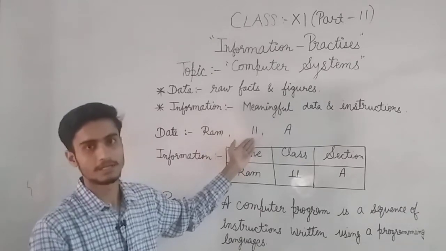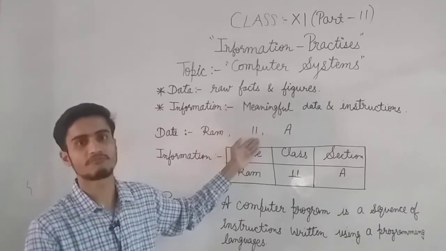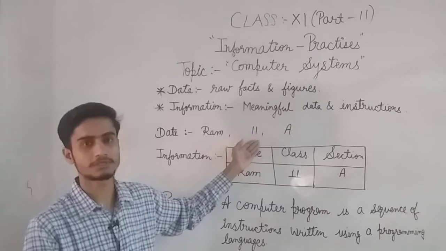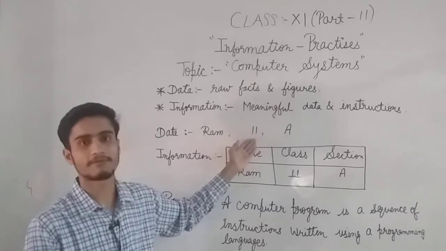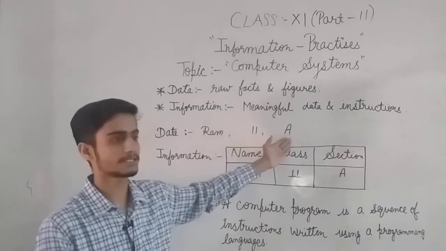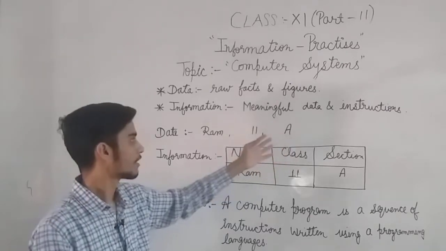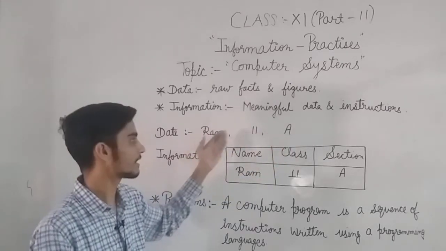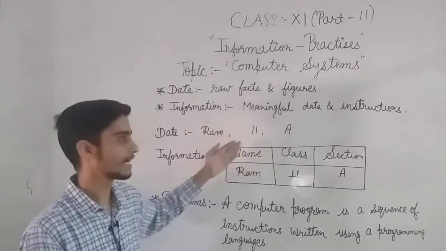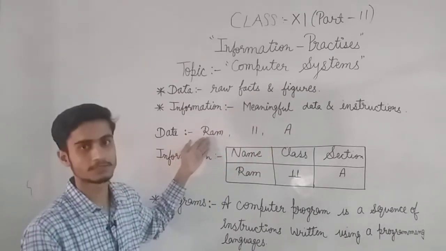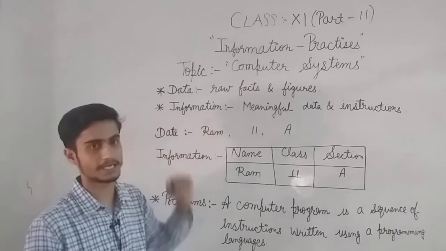This 11 may be an amount, it may be someone's age, but we do not identify what this 11 means. This is A. A may be an alphabet or a symbol, but we cannot identify what it is. That's why they are raw facts and figures, and that's why they are referred to as data.